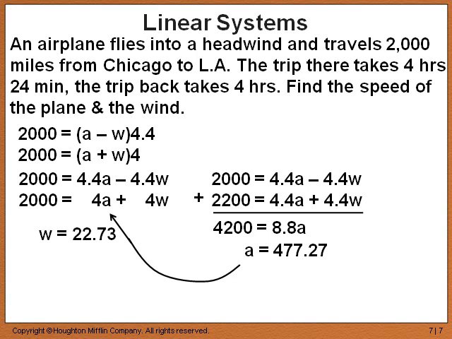And we then solve for w and find that w equals 22.73. So the final answer to this word problem is 477.27 miles per hour. That is the plane speed. 22.73 miles per hour is the wind speed.